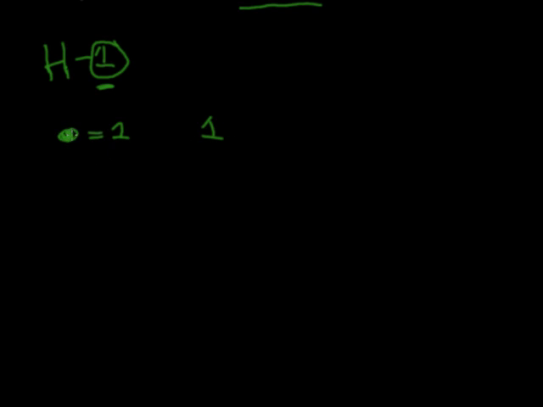Maybe I'll fill in these protons. Sure. So it's got 1 proton and 0 neutrons for a total weight of 1. But this is not the only form of hydrogen that's out there. There's also hydrogen 2, which is commonly known as deuterium. So what's deuterium?